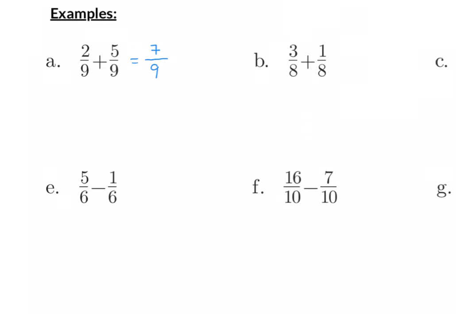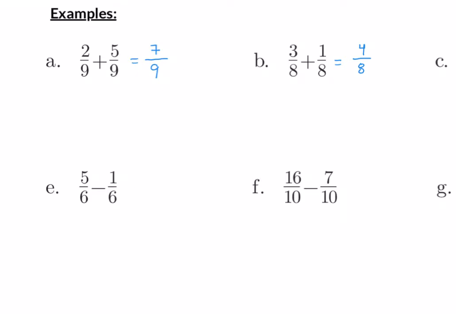All right, so let's go ahead and try some other examples. Let's come to example B. We have 3 over 8 plus 1 over 8. We're going to combine the tops. 3 plus 1 is 4 over, keep the denominator, we get 8.